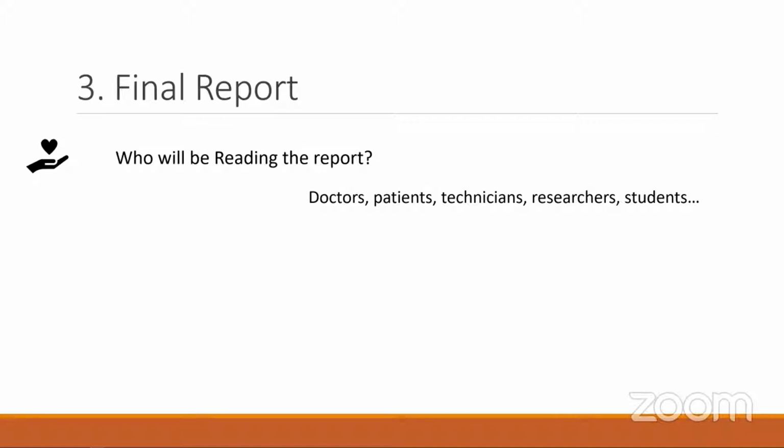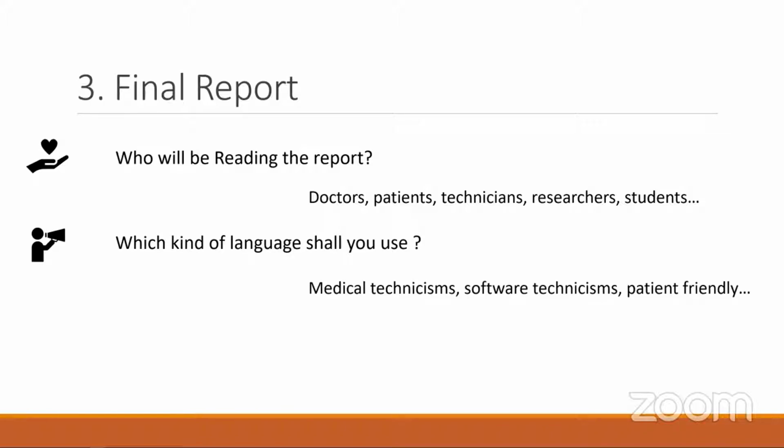Also, we need to consider which kind of language we should use. So if we are talking with doctors, maybe we are using more medical technicisms, or if we are talking with patients, we want to use patient-friendly language and communication skills.